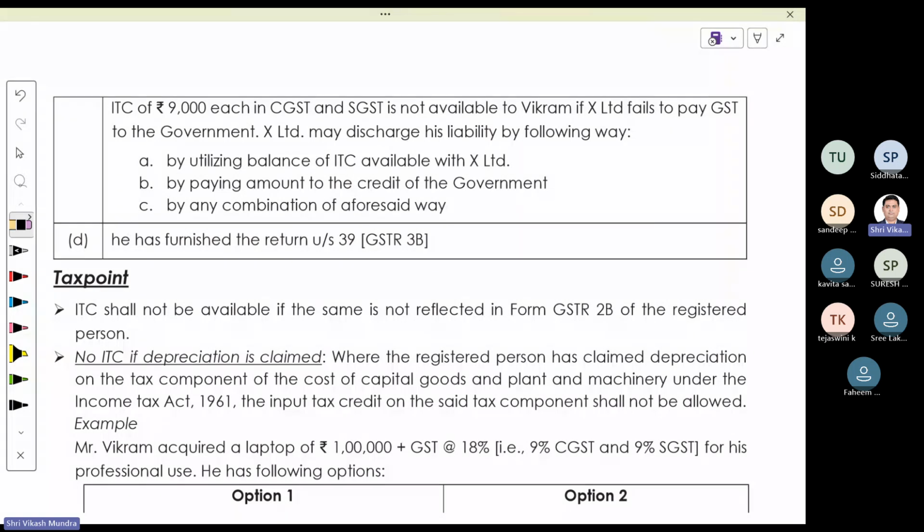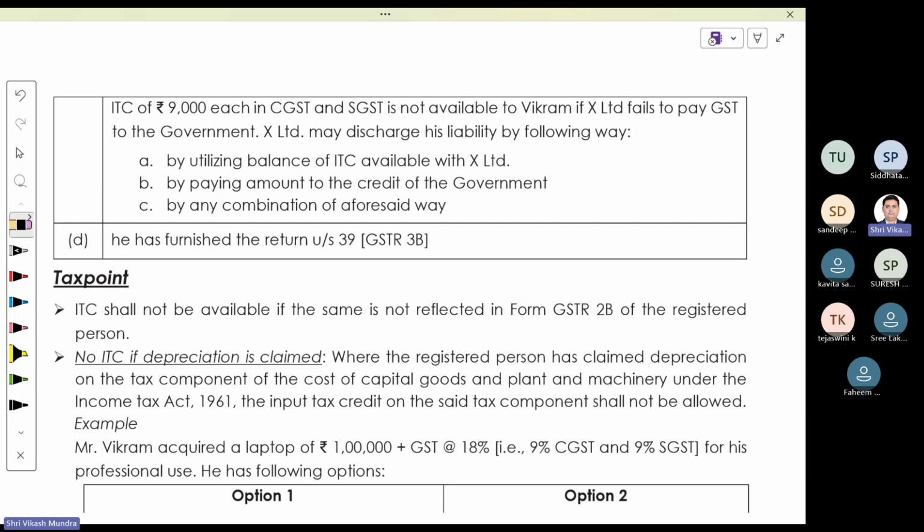GSTR 2B is automatically prepared by the system on the basis of data furnished in GSTR 1. In GSTR 1, there is no payment of tax. The supplier is only disclosing his liability. They are not supposed to disclose how they are discharging it.